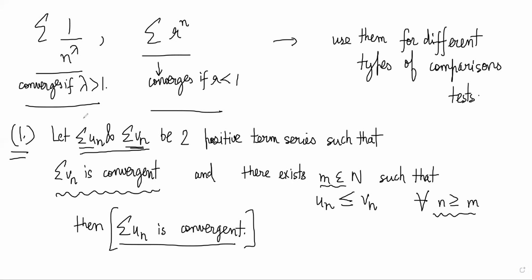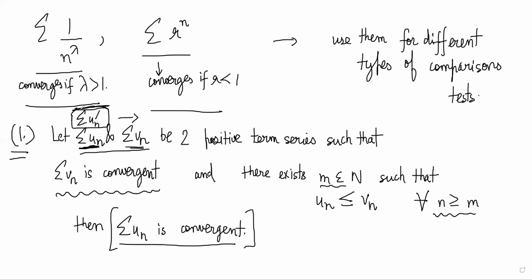So we can create a new series un dash by deleting the terms before m, and every term of un dash is less than vn. So un dash is definitely convergent. And if you have a convergent series un dash, we can add all the finite terms back, and this doesn't change the convergence of un.